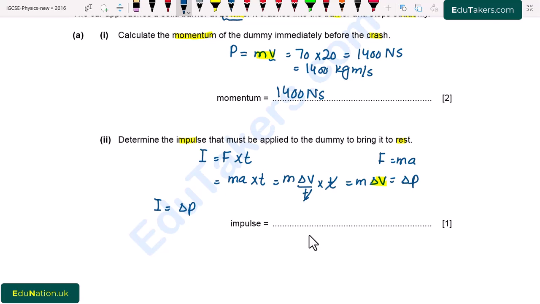It means that the change in momentum will be equal to the momentum before the crash, which is 1400 Newton second. So according to this equation, impulse is also equal to 1400 Newton second.